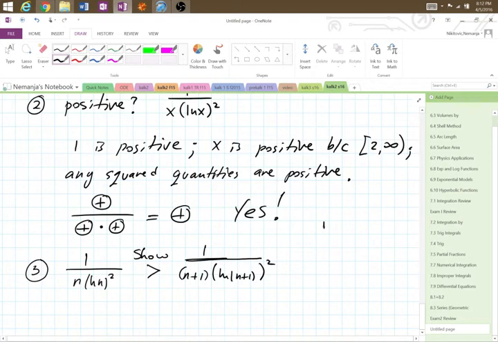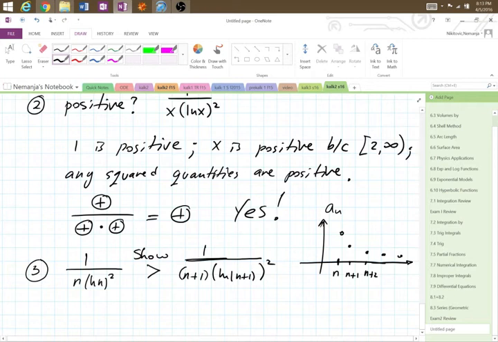Let me just put those dots: dot, dot, dot, and so on. So if you take a look, if this is your n, and this is your n plus 1, and this is your n plus 2, and n plus 3, you see that this is your a_n.